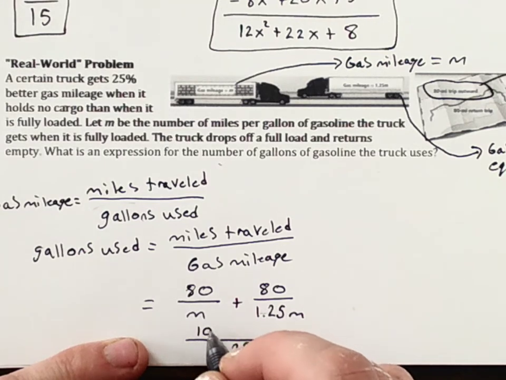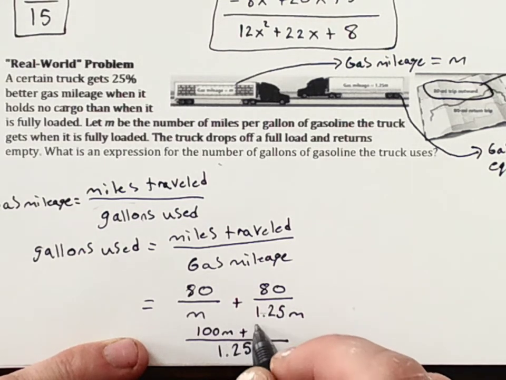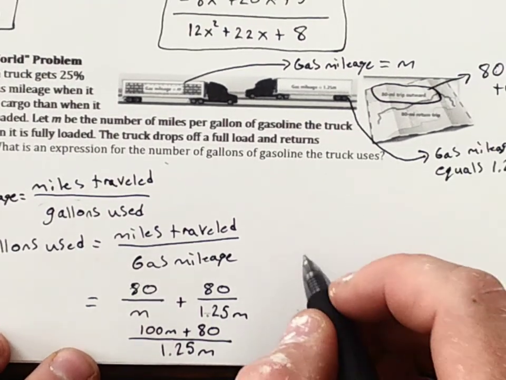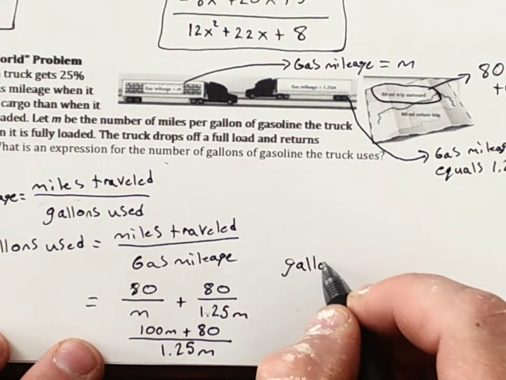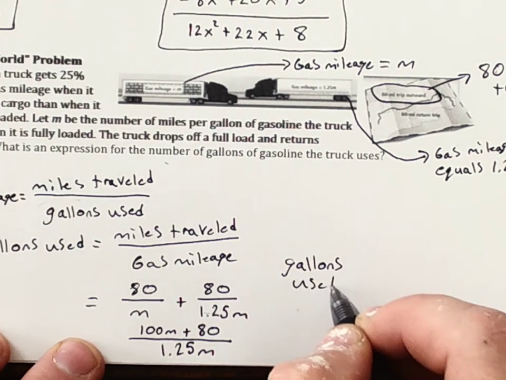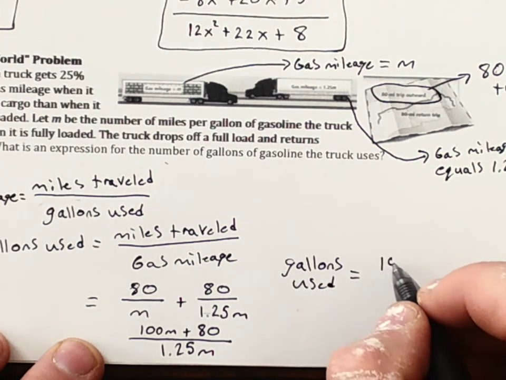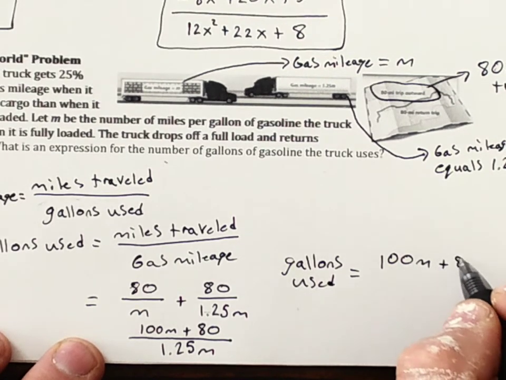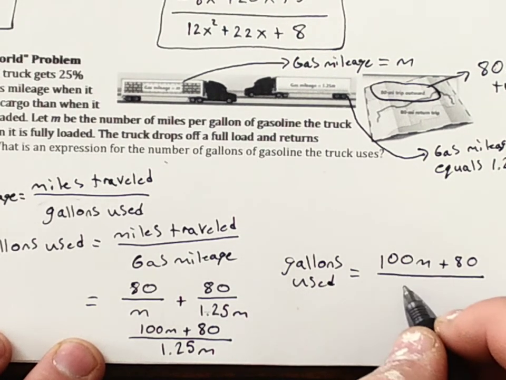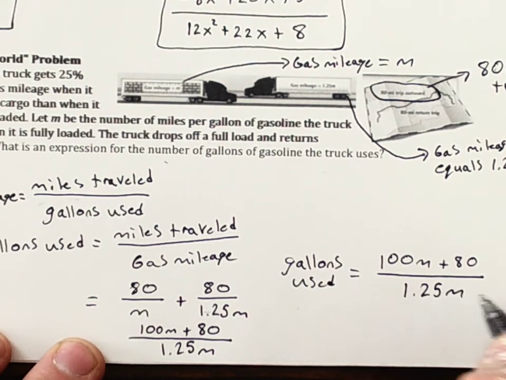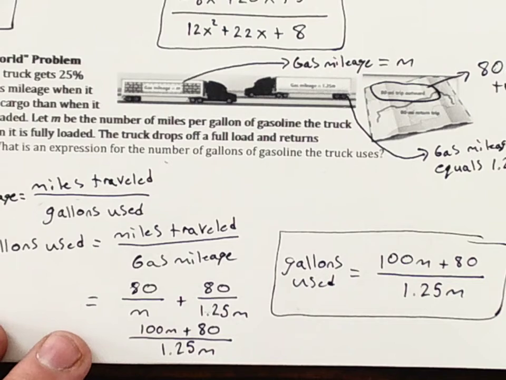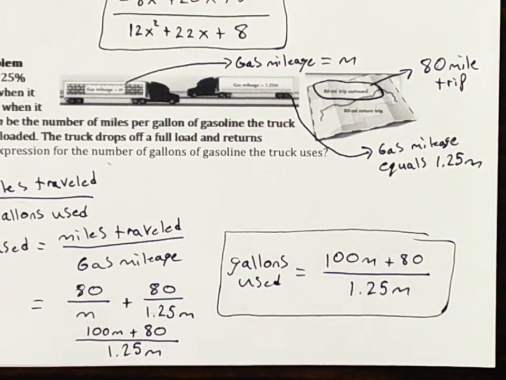So it's 100 plus 80, all divided by 1.25 M. The gallons used is going to be (100 + 80) divided by 1.25 M. And we're done. That would be the expression for the gallons of gas the truck uses.